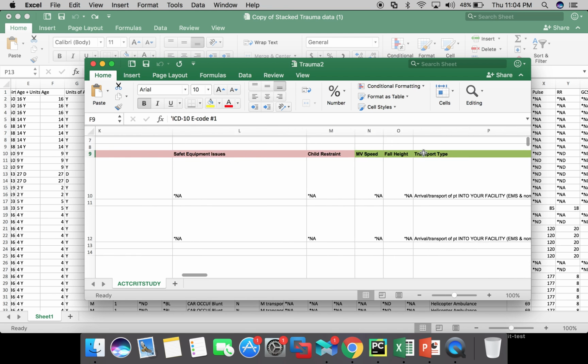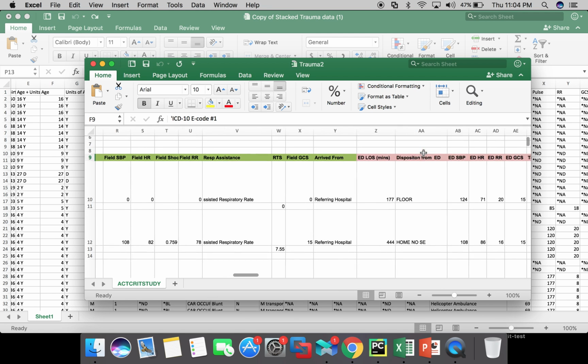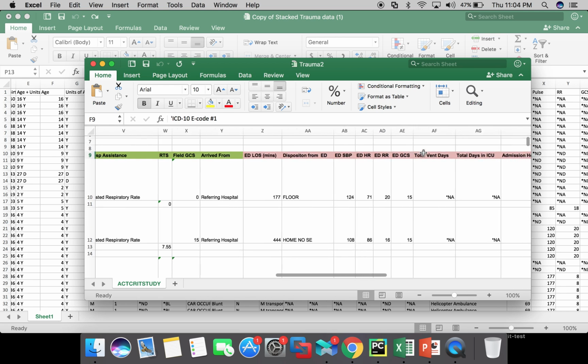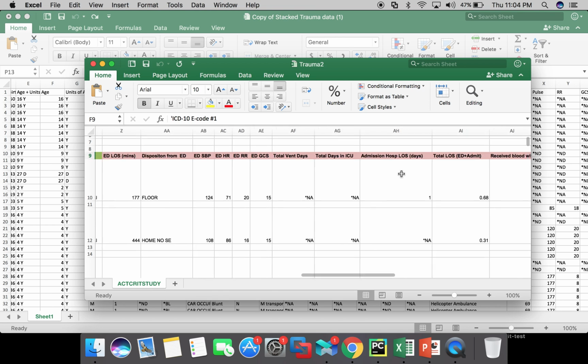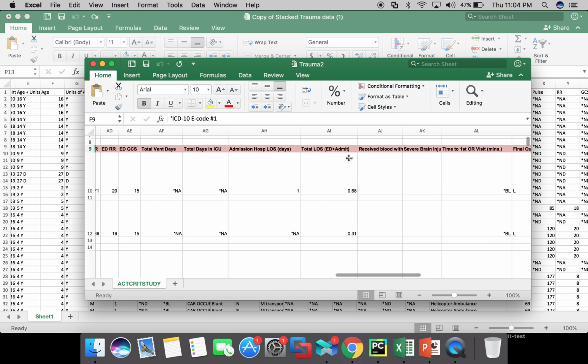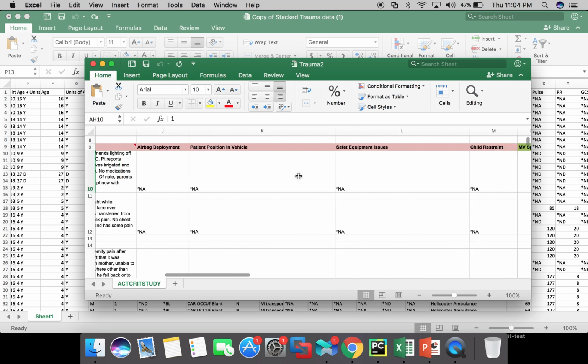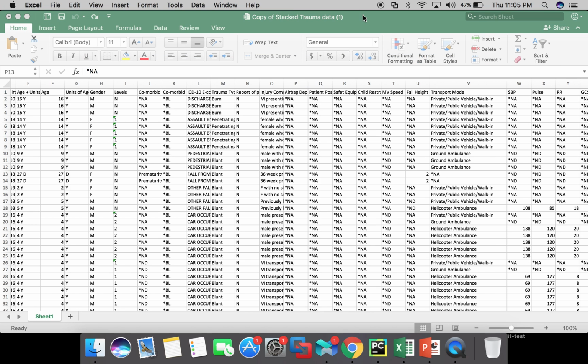For example, their systolic blood pressure, their respiratory rate, Glasgow coma score, and how long they were in the hospital, as well as many other fields. This is the data that we started off with initially.